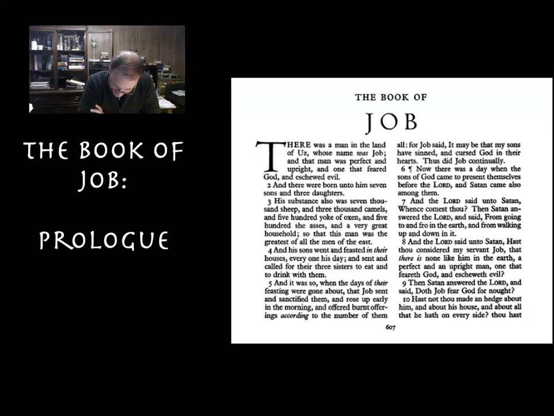A perfect man who is upright is one that fears God and eschews or avoids evil. And I would say eschews evil is even stronger than avoid. You could say it's like condemns evil, right? And we see that in his sacrifices. Is this who Job really is? Well, now God is telling us, not just the narrator. You see the difference: God has just basically repeated the language of the narrator in verse 1.